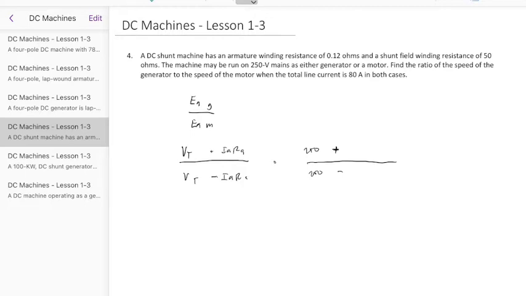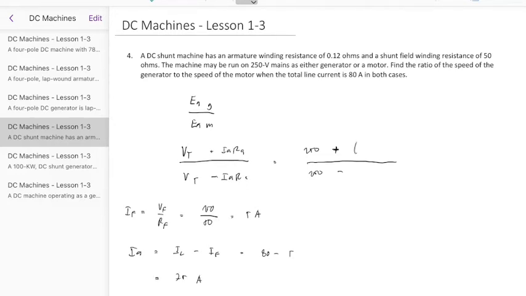Pananglitan i-solve nato ang IF which is equal to VF over RF. So that's equal to 250 divided by ang winding resistance is 50. So you have 5 amperes. So atong armature current karon is line current minus field current, or 80 minus 5. Atong IA karon is 75 amperes.